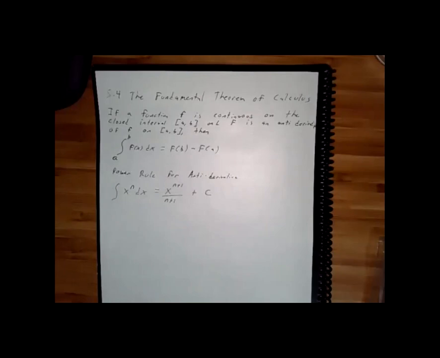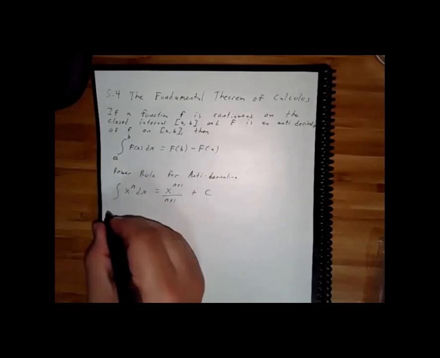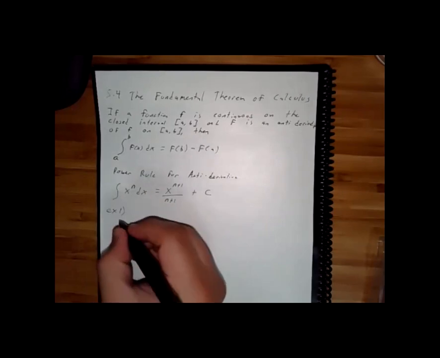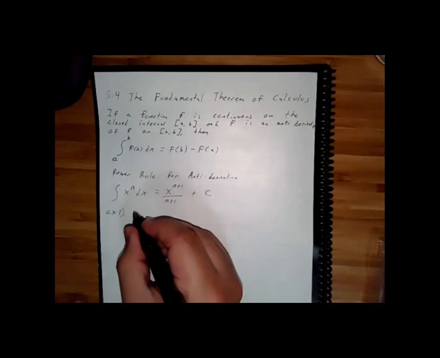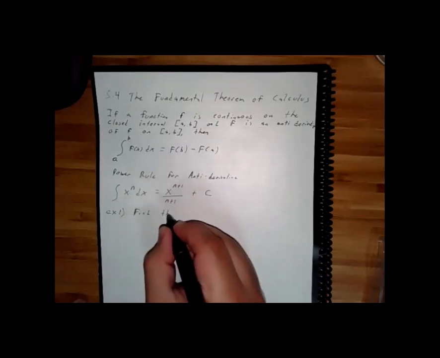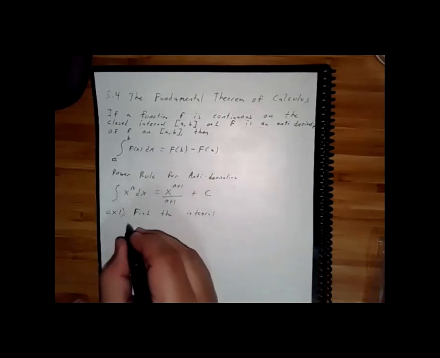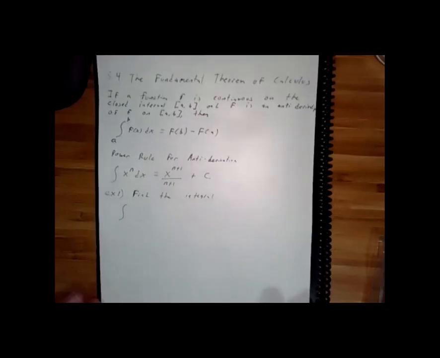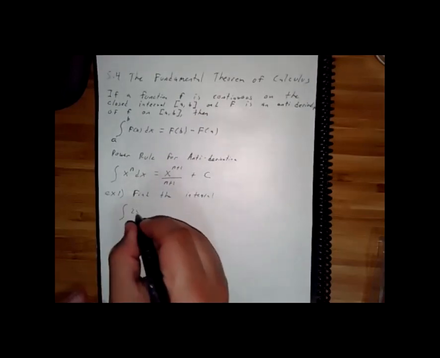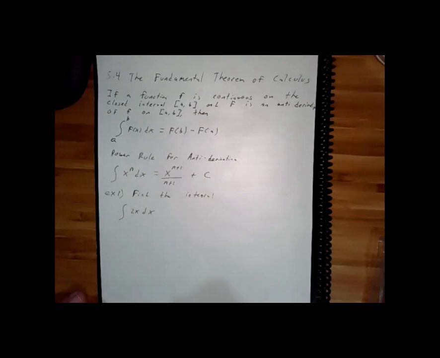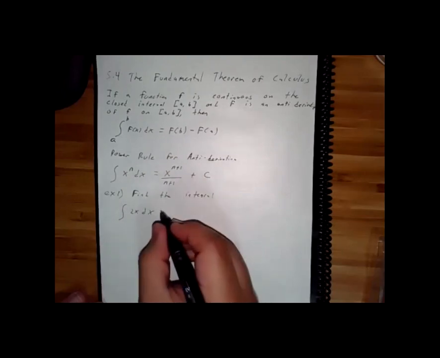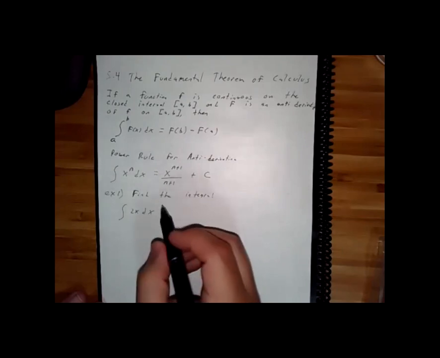Let's do an example so you can see what I'm talking about. Let's say we have 2x dx. You can pull out constants. It's one of the rules for integrals.